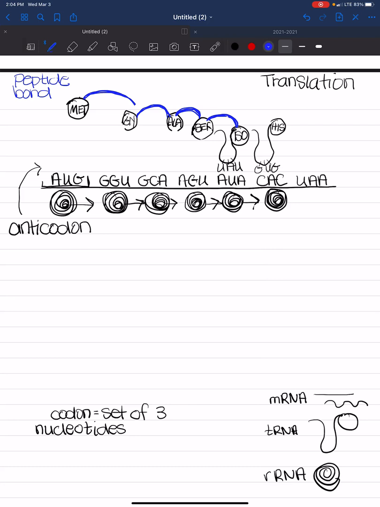A peptide bond occurs between the isoleucine and the histidine. The transfer RNA has dropped off the isoleucine, and so it's going to break off and go back into the cytoplasm to pick up another isoleucine.